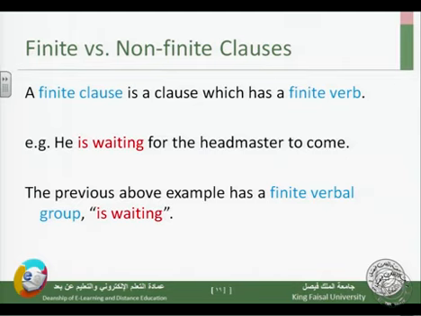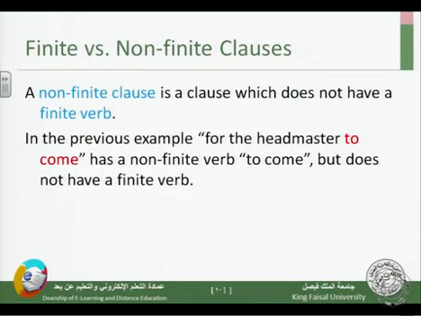The previous example here has a finite verbal group, is waiting. So this clause is finite as well. So we have a finite verbal group, and we have a finite clause. So he is waiting is a finite clause because it has is waiting, which is a finite verbal group. So a finite clause has a finite verb.